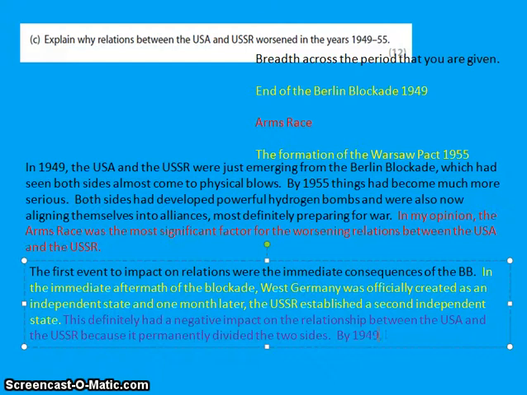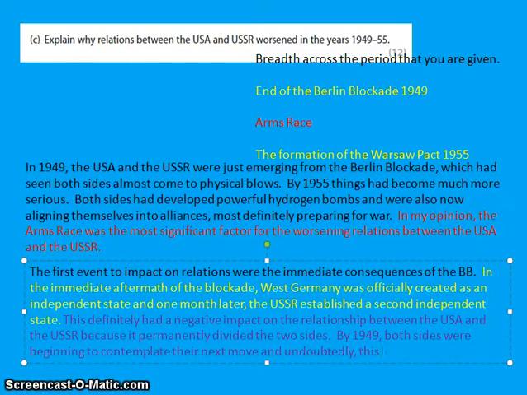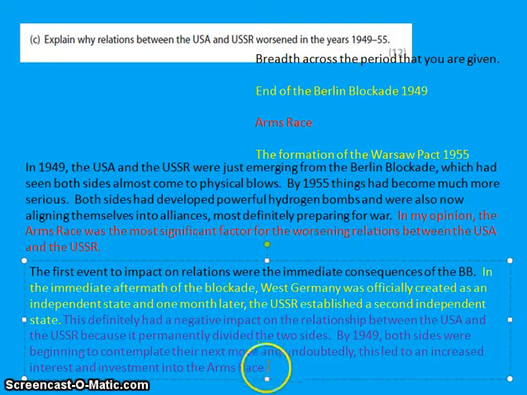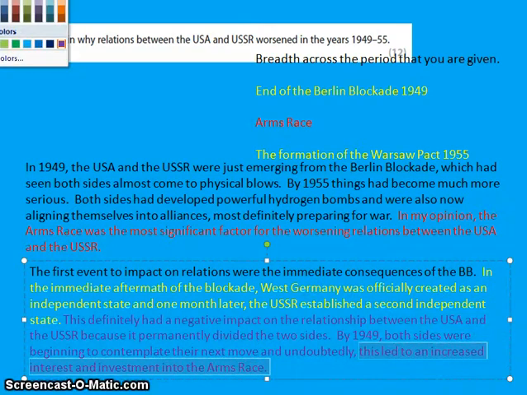By 1949, both sides were beginning to contemplate their next move, and undoubtedly this led to an increased interest and investment into the arms race.